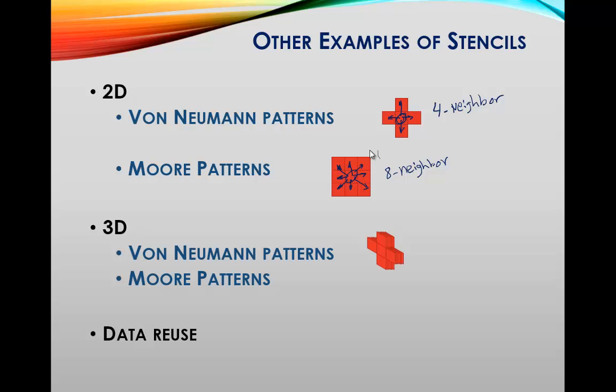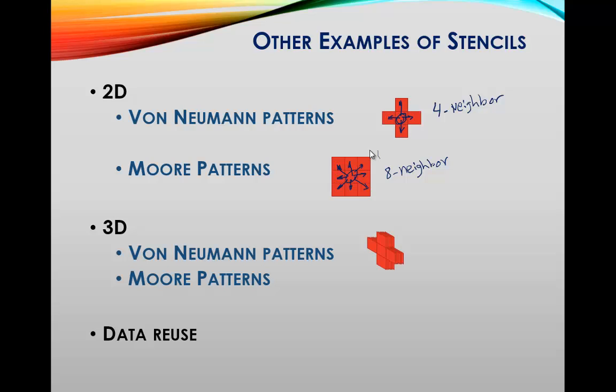As you see here, in a 4-neighbor stencil, for each input you require access to 4 other neighbors. In an 8-neighbor, for each input element, you require access to its 8 neighboring elements, or rather 8 immediate neighborhood.